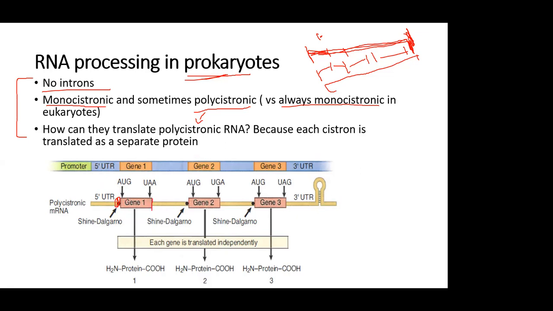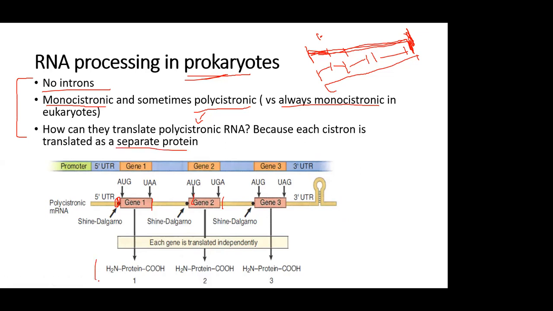For different genes there's a start codon, a stop codon, a start codon, a stop codon. So when they go to the ribosomes, each gene is going to be translated as a separate, independent protein.